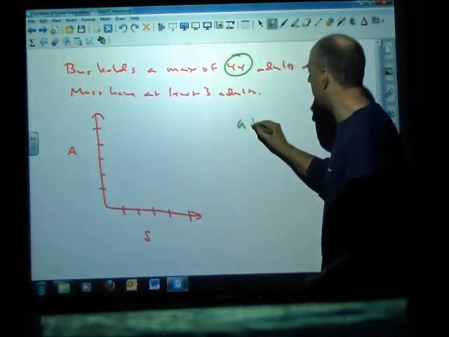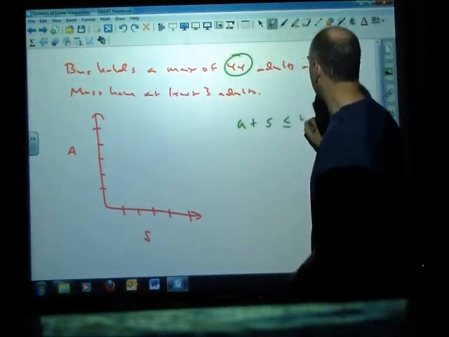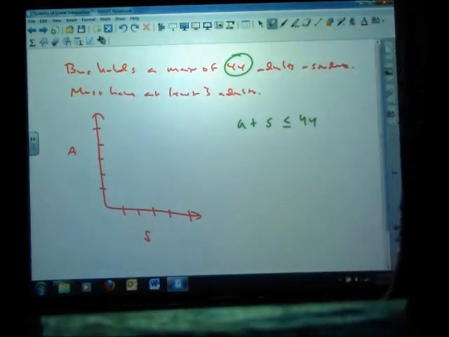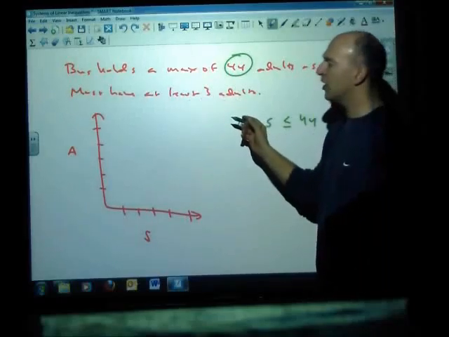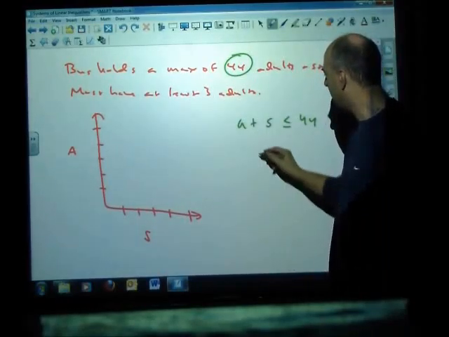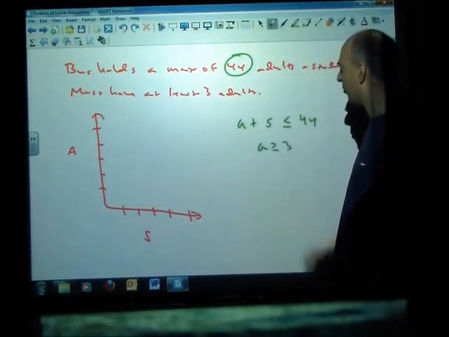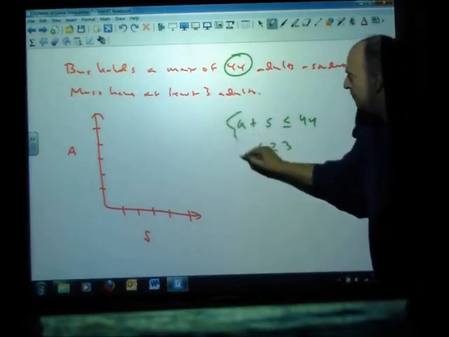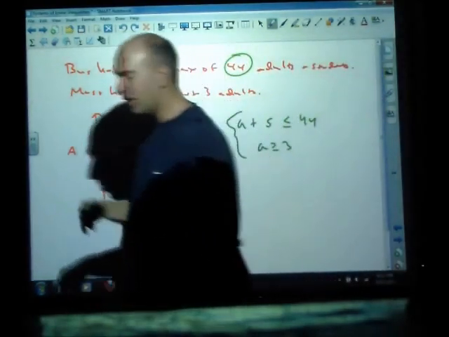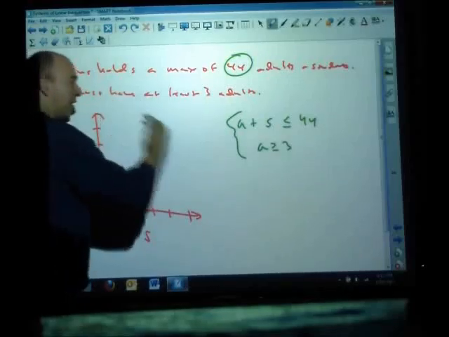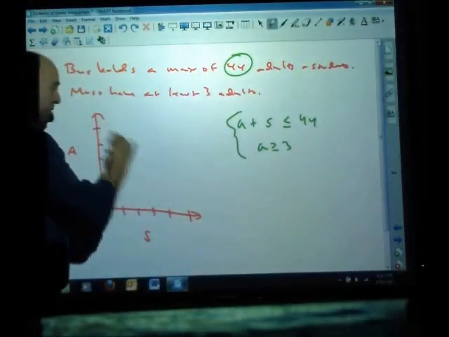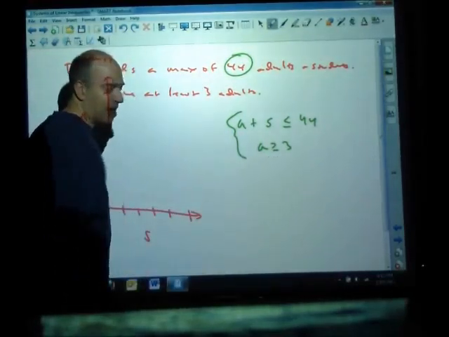So I would be saying adults plus students has to be less than or equal to 44. Okay, now that's not a system, that's one inequality. Secondarily, it says you must have 3 adults. So the adults have to be greater than or equal to 3. So I have a system of inequalities based on information. There's only so much bus space, and I've got to have so many adults.